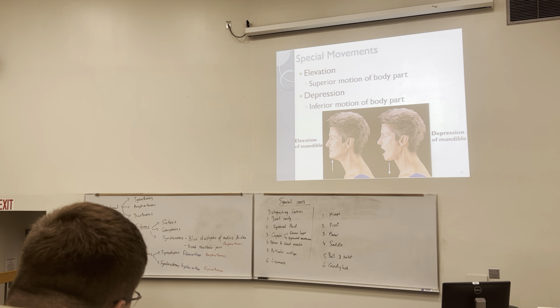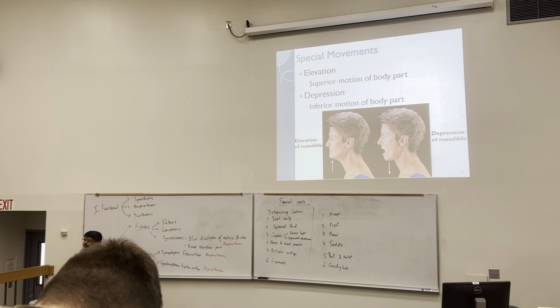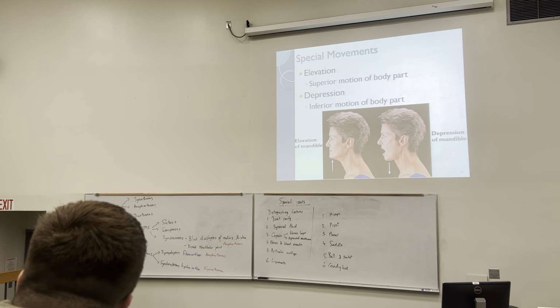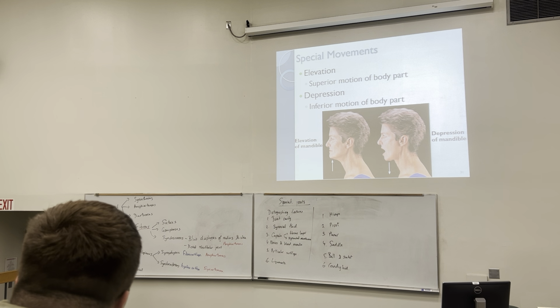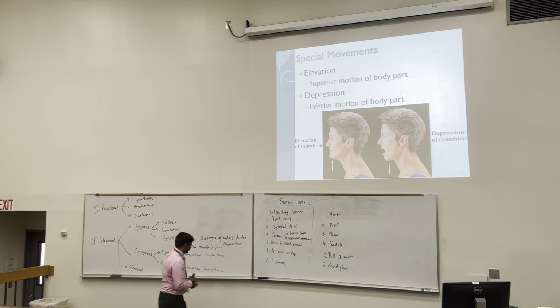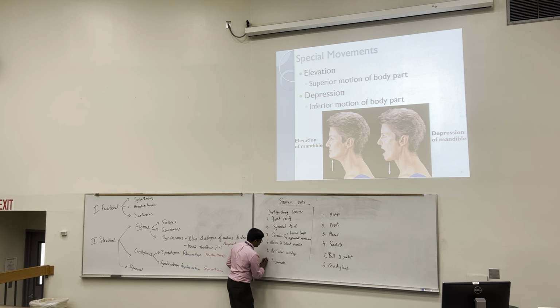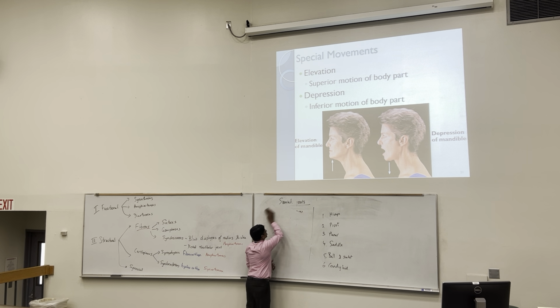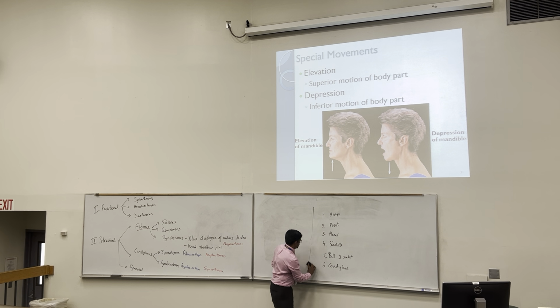Any questions before we move on to our two big joints where there are other structures? Okay, so first we're going to talk about our knee. The knee has two pairs of ligaments and then a pair of menisci.